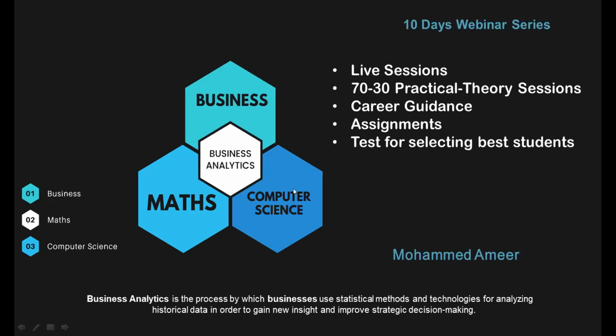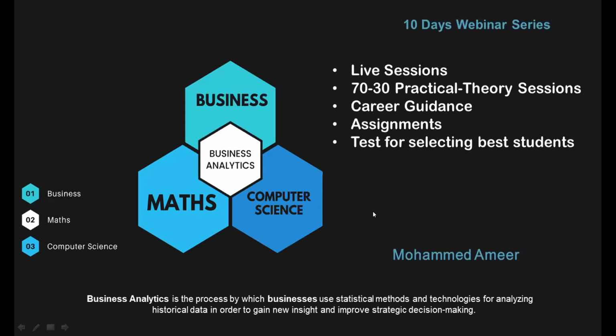So it combines maths as well as computer science to get good business, for analyzing historical data in order to gain new insights and make decisions based on strategy, right? This is the understanding of business analytics.